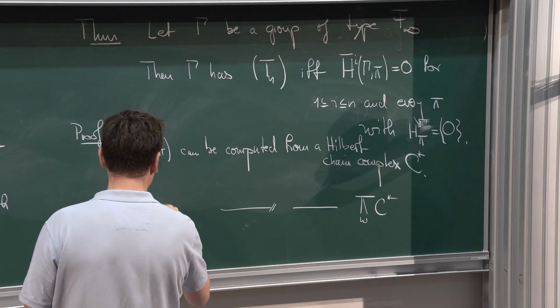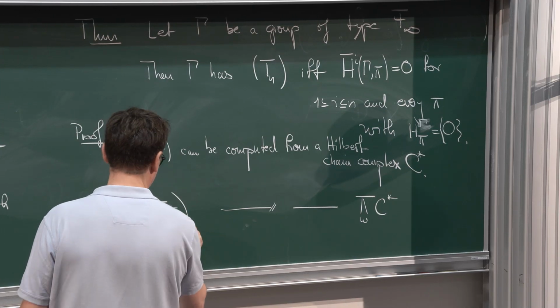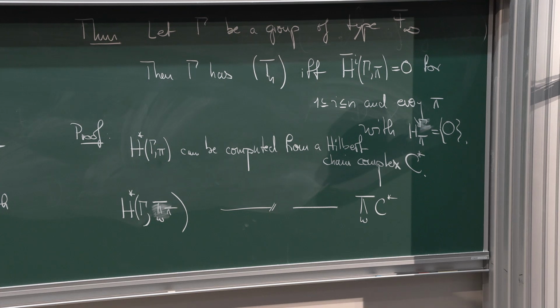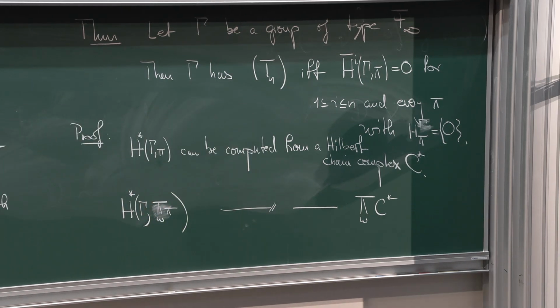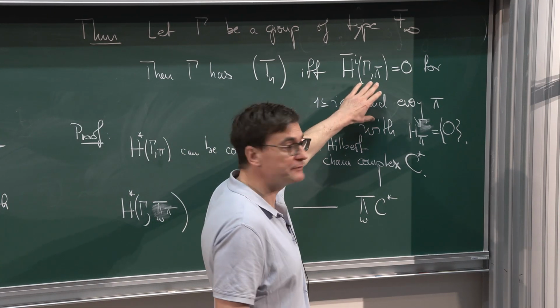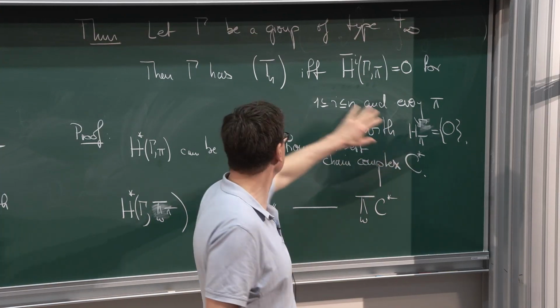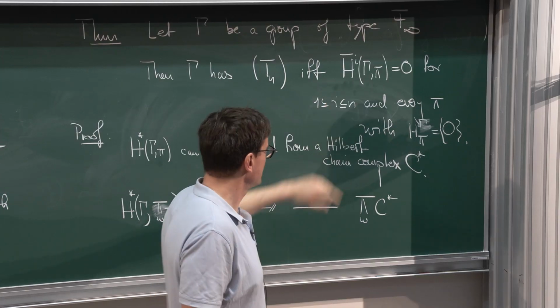Let's denote it also like that. The ultra power of this representation, again a unitary gamma representation, and it's easy to see that this complex computes this. Okay, so now let's assume that we have this vanishing for every representation with that property, and we want to show that we have this vanishing for the ordinary cohomology.